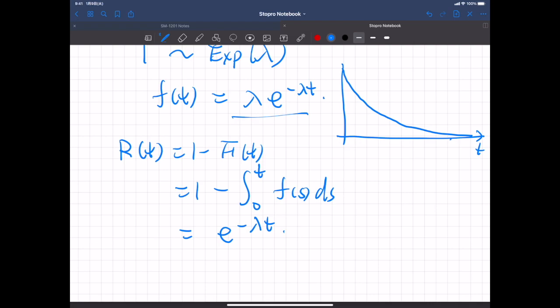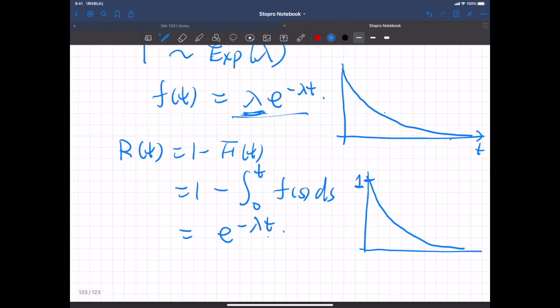So if you plot the reliability, then it is again this exponential function. It's basically the same exponential function, but with a different scaling. So the reliability is 1 when t is 0. Of course, at time 0, it's perfectly reliable. It should be, because nothing has broken yet.